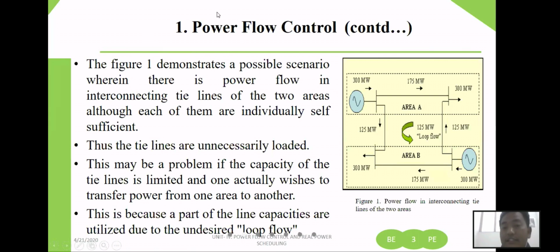So here it is saying that the total cumulative power flow, 125 megawatt from area A sharing with area B and 125 megawatt from area B sharing with area A, can be controlled by installing AGC. But this AGC will not take care of the individual capacity. Whether this tie line can handle 125 megawatt or not will not be taken care of by AGC.